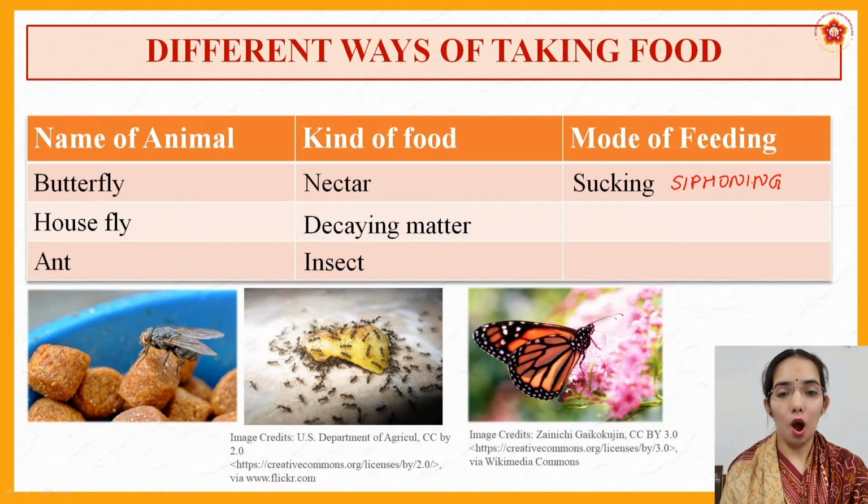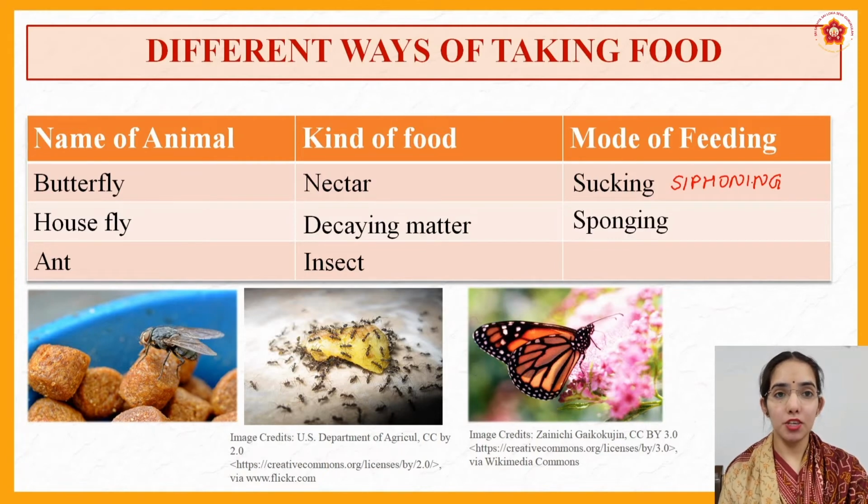Then housefly, what is its mode of feeding? It's a really interesting one. It is sponging. Now what they actually do is, they do not have teeth, so they cannot eat. So they will spit their saliva out and some other chemicals also, which will dissolve that food item.